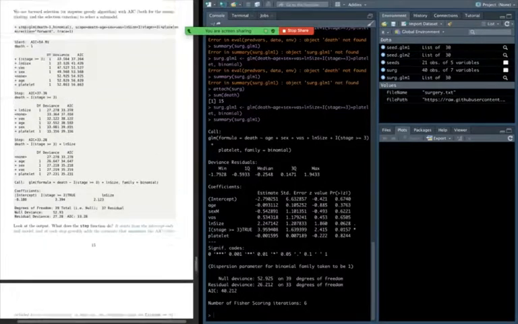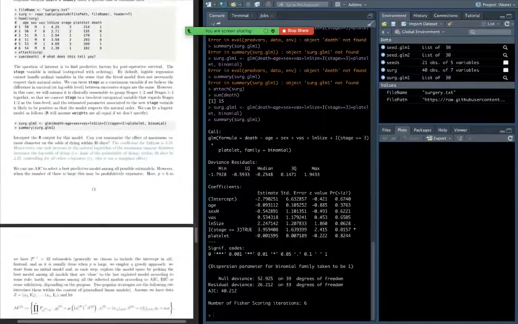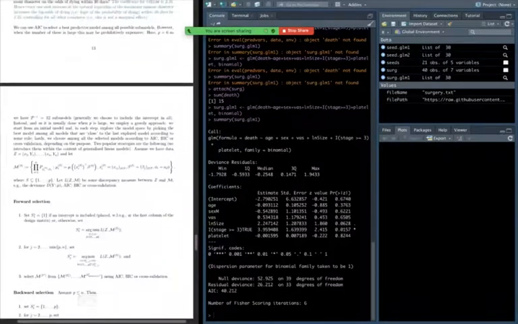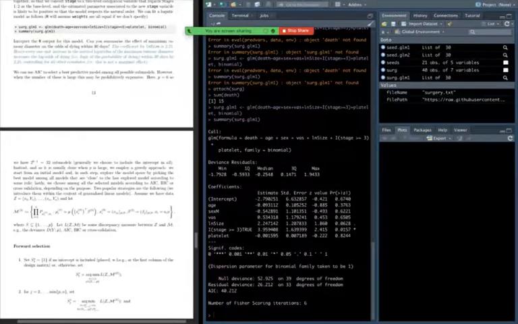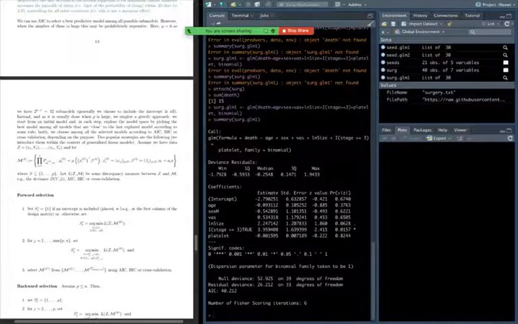Do you have any questions about the surgery data section, in which we introduce forward selection and backward selection? Hopefully the notation is clear.